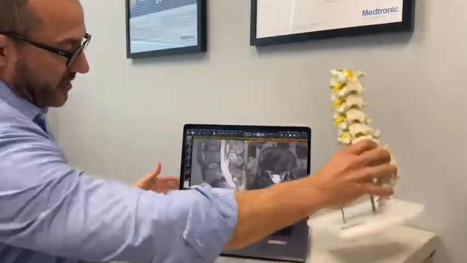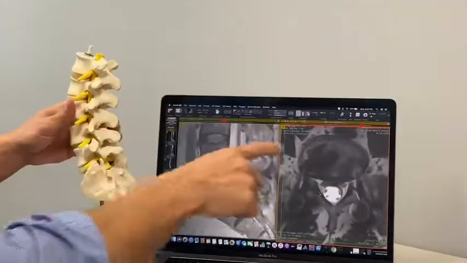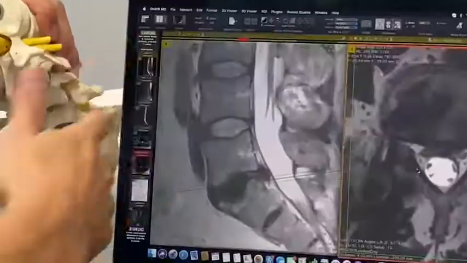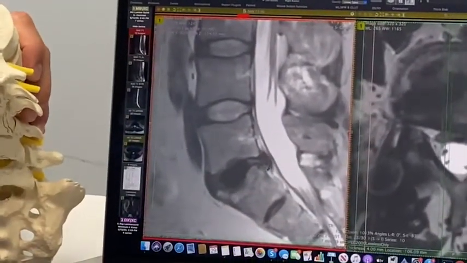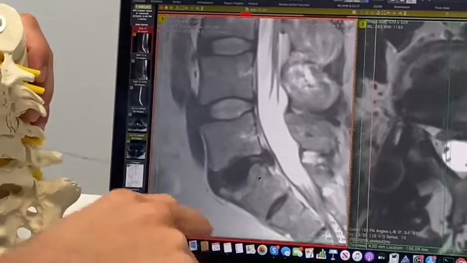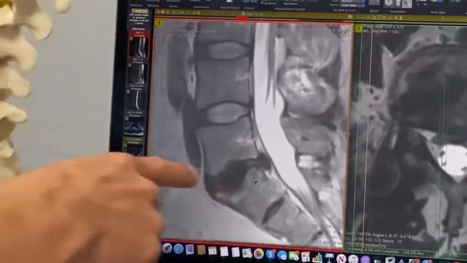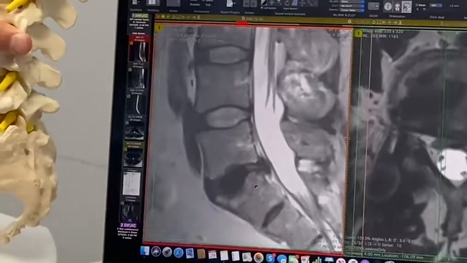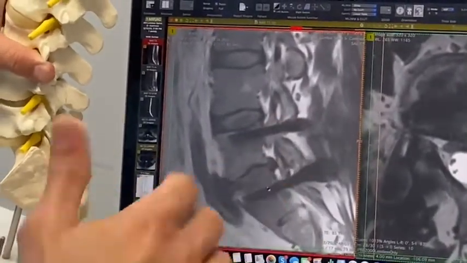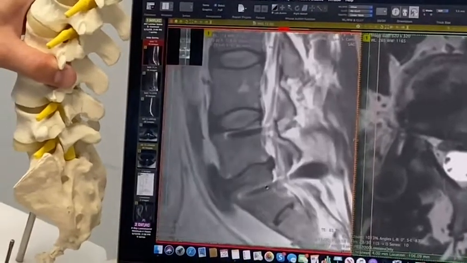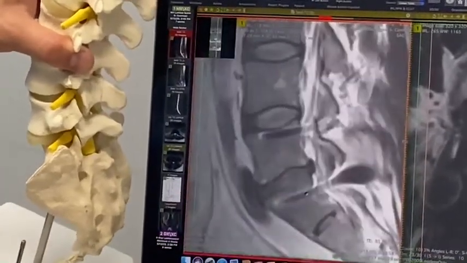What you're looking at here, again, is a sagittal film, and then you're looking at an axial. First thing that literally and figuratively sticks out is you can see the disc material has not changed. You can see this dark area here, which represents the metal spacer that was put in. You can also see where the rods have been introduced. The problem with this surgery is they, quote unquote, did a fusion.